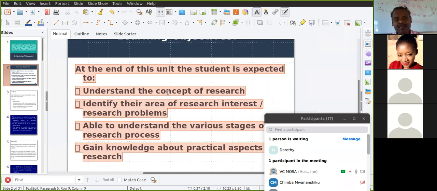Then from the research objective, you need to go for a hypothesis. There is an interconnection between different stages. So you need to understand various stages of the research process. Then I'm expecting you to gain knowledge about the practical aspect of research. These are the 4 learning objectives I am expecting you to understand.